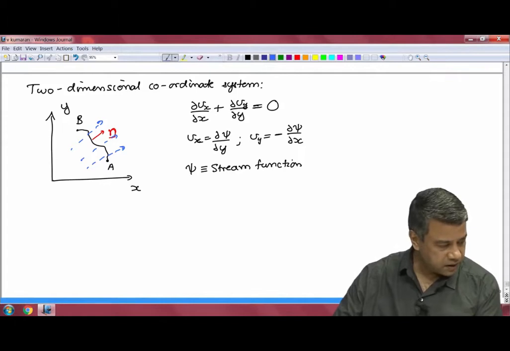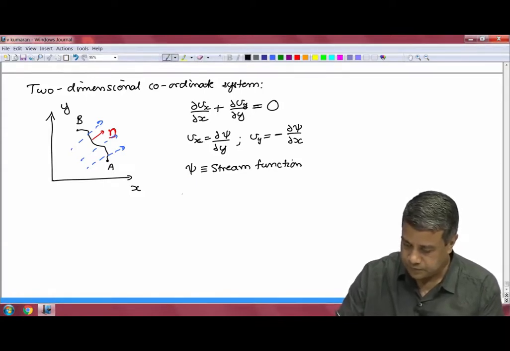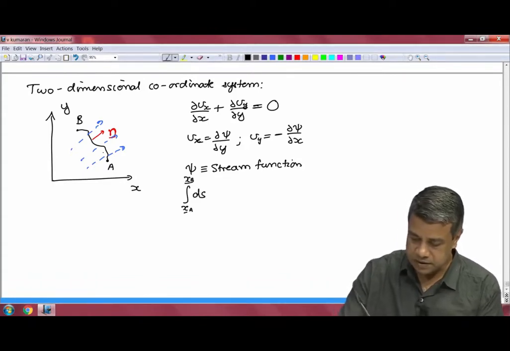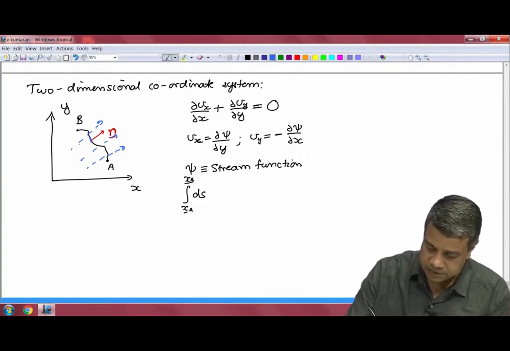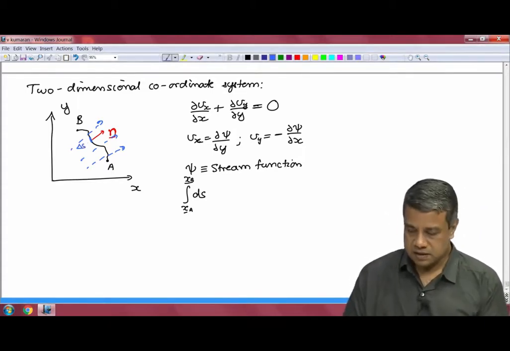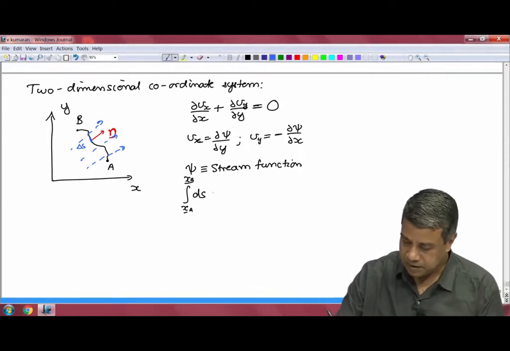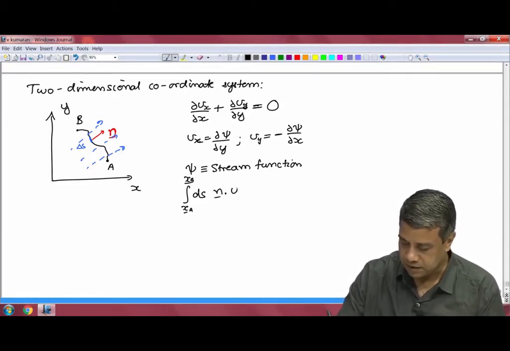So, the volumetric flow rate is equal to the integral between the 2 locations x a, x b of the differential displacement ds here. I will take a small differential displacement delta s along this contour times the component of the velocity perpendicular to the contour, n dot v.